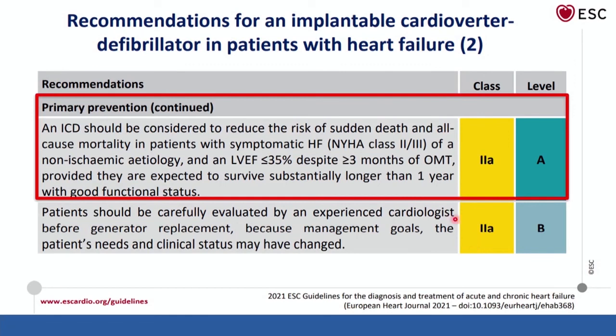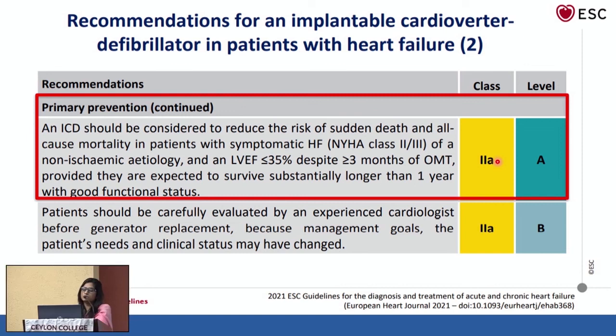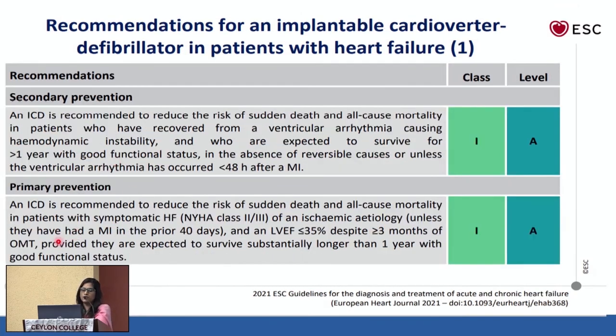So when it comes to primary prevention, this 2A indication is newly introduced into the guideline. ICD should be considered to reduce the risk of sudden death. That is for the non-ischemic etiology as well, because in the previous slide, if we go back, you will realize that this is for the ischemic etiology.